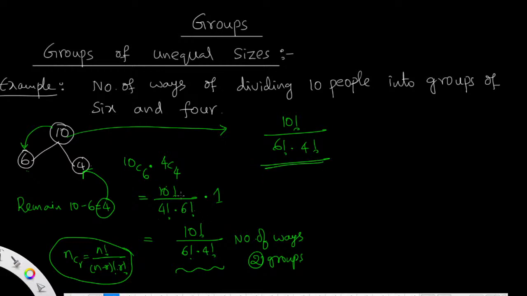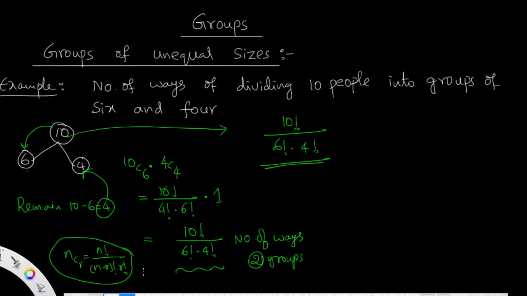If that is not clear, out of 10 people we select 6 people to make one group, which can be done in 10C6, and then the remaining 4 members can be done in 4C4 ways. Directly, we can write 10 factorial by 6 factorial for the group of 6 and 4 factorial for the group of 4.